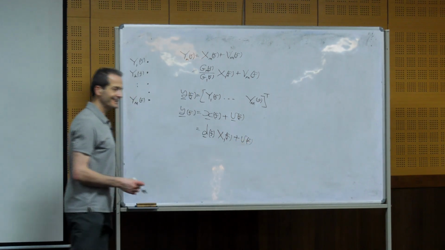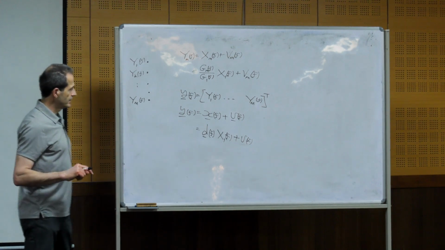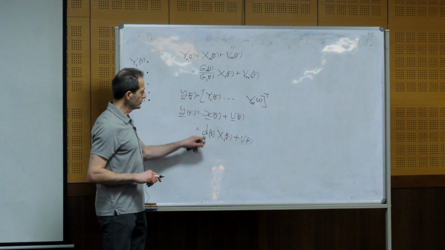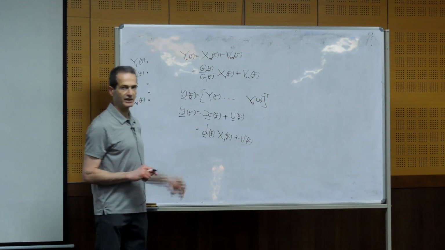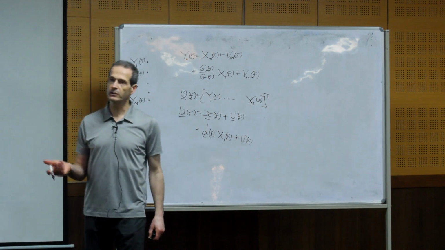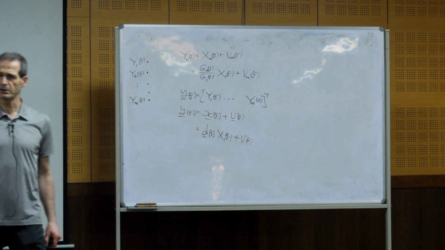So when we go from here to here, we assume that we know this vector, either we know it or we know how to estimate it, and then it gives us a lot of information.